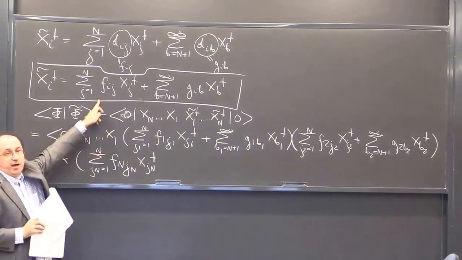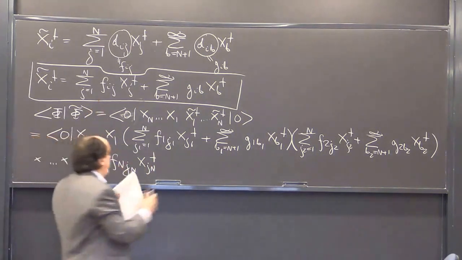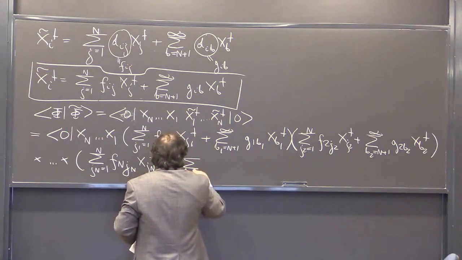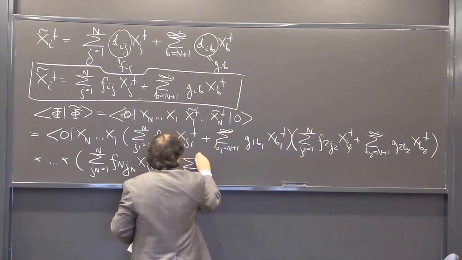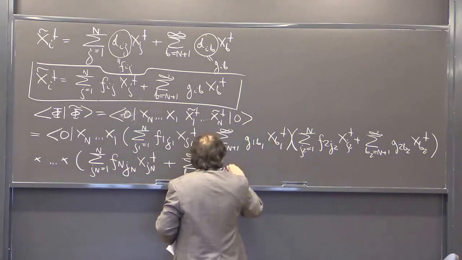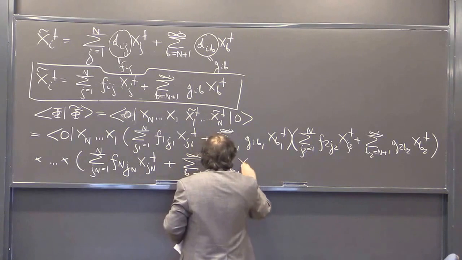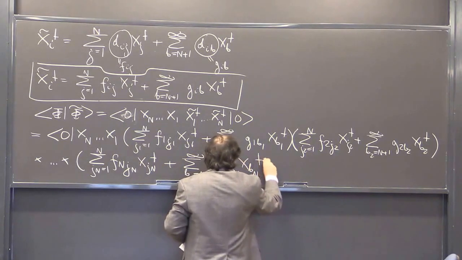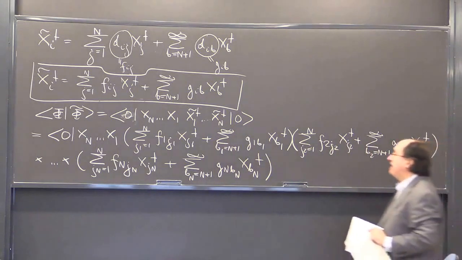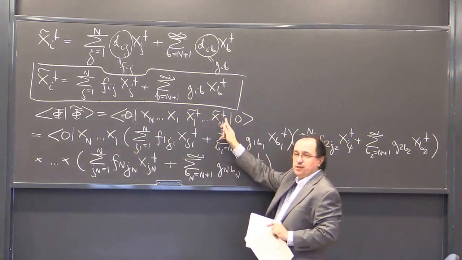So that's the f part. And then we'll have the g part, which is a summation over bn running from n plus 1 to infinity, gn bn x bn dagger. So this is an explicit formula for xn tilde dagger.